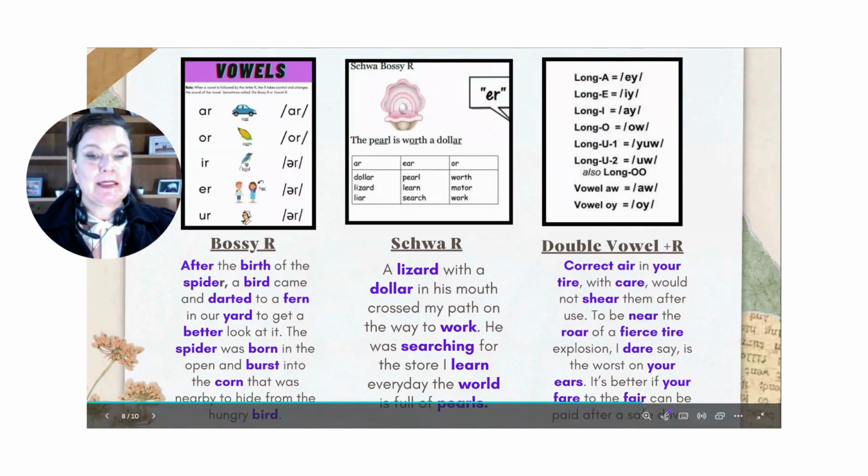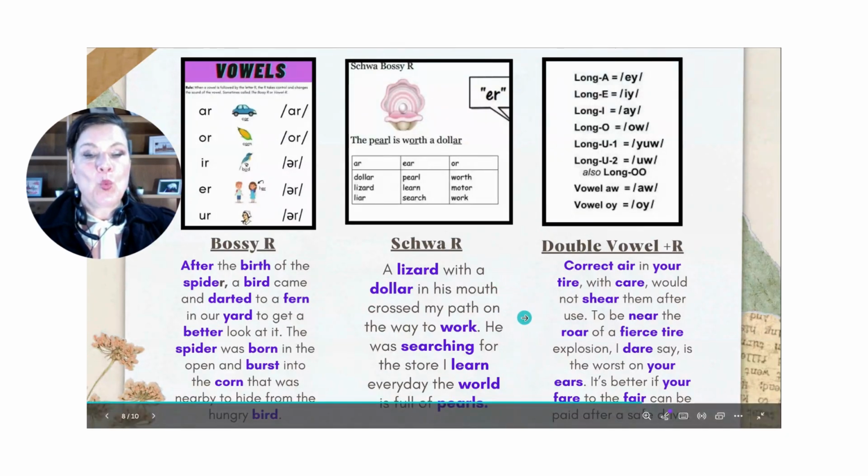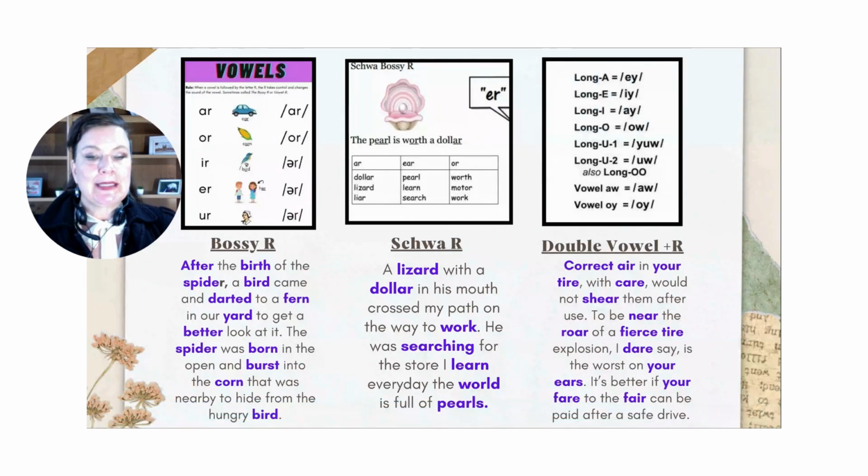Learn, learn. World, world. Pearls, pearls. Even with that EA combination, we hear just the rhotic R for that schwa R sound, the non-emphasized vowel in English.